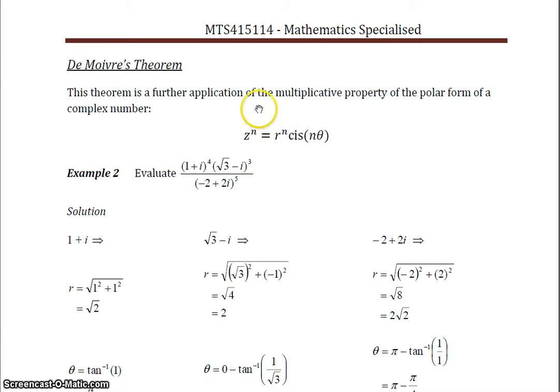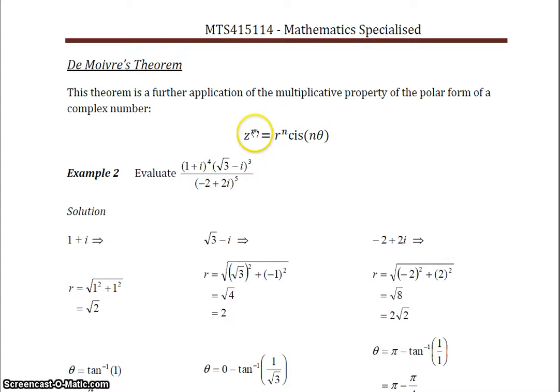We know that if we multiply two complex numbers, we multiply the moduli. So if we're raising a complex number to some power n, then clearly the modulus will be raised to that same power. And because we add together our arguments, the number of arguments being added together will be whatever the power is.